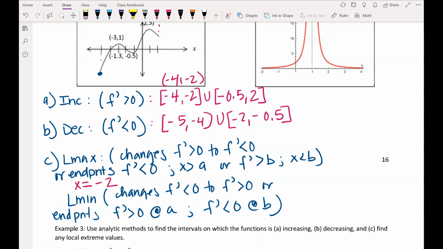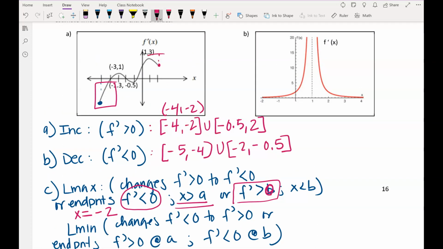The endpoint definition says f prime must be negative on the left side. Is that negative on the left side? Or f prime must be, oops, that should have been positive. That should have been 0. Positive on the right side.